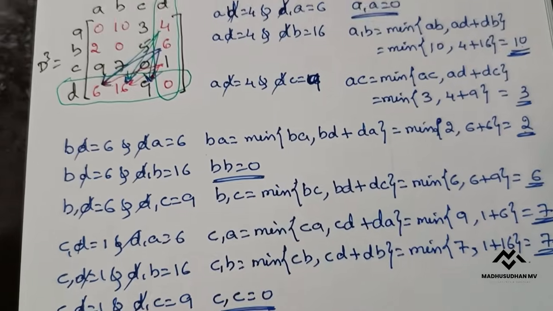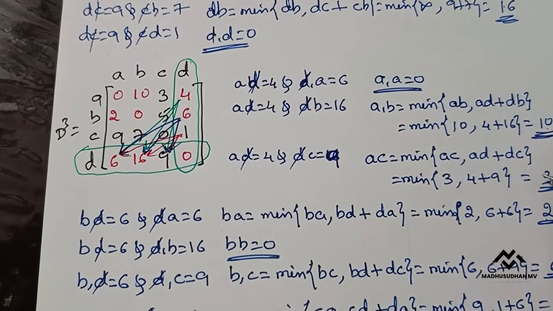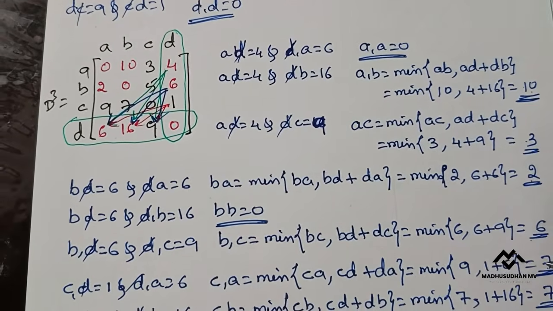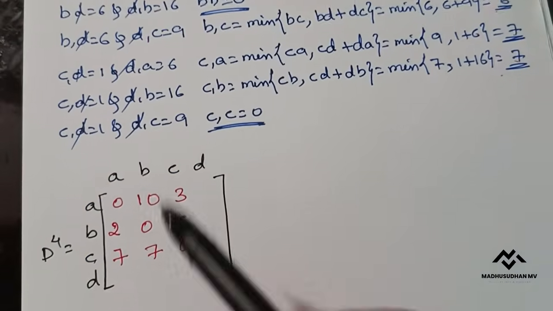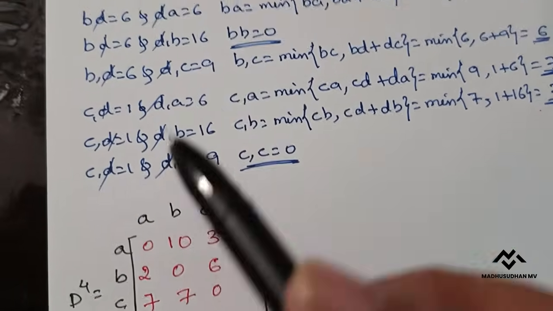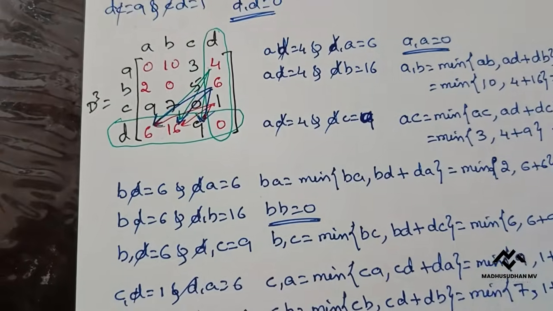These are the 9 values I got. See, 1, 2, 3, 4, 5, 6, 7, 8, 9. The remaining values I am copying as it is from the previous one.